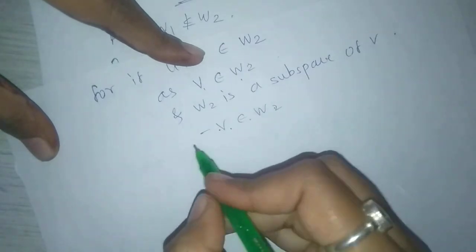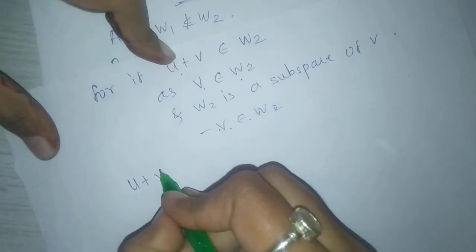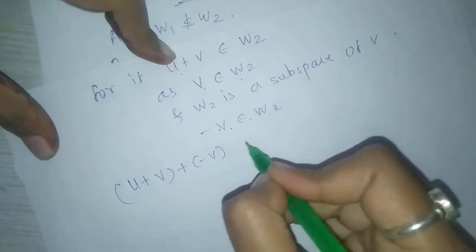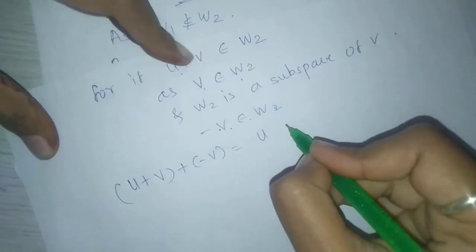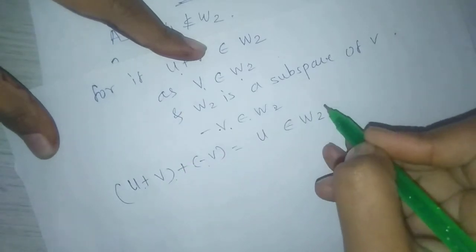Minus V belongs to W2. So by the closure property of W2, U plus V plus minus V, which equals U, belongs to W2.